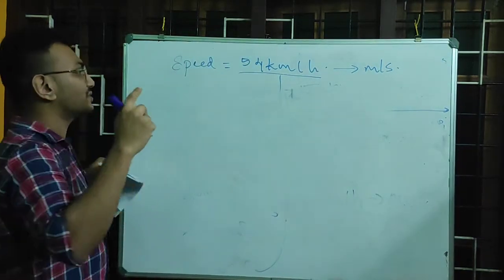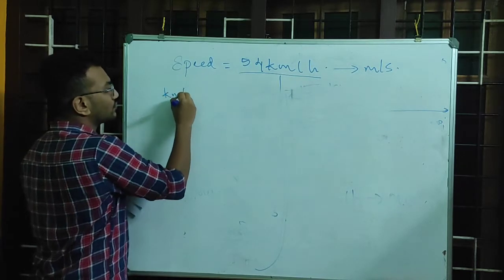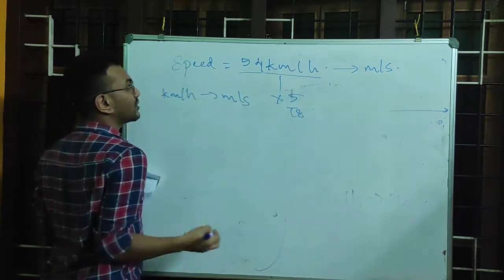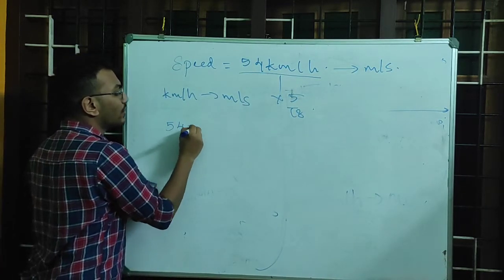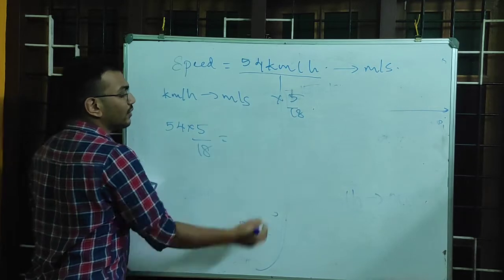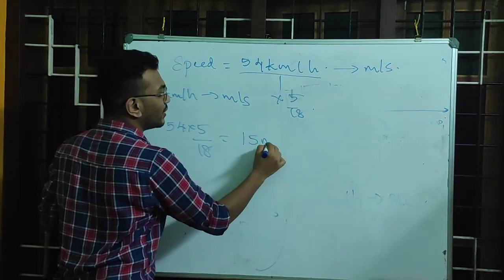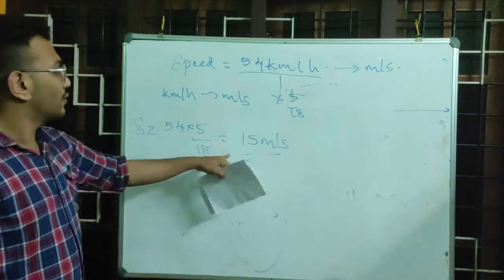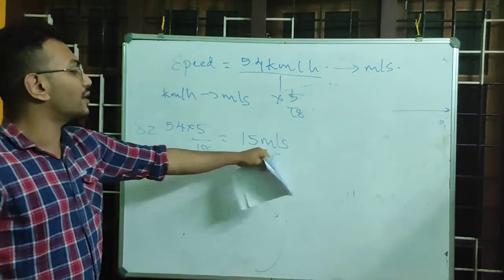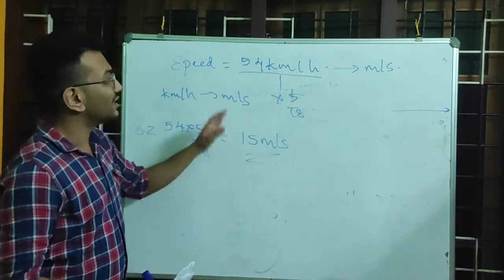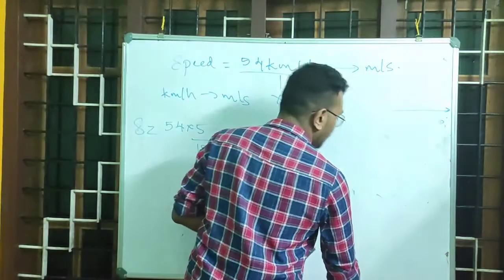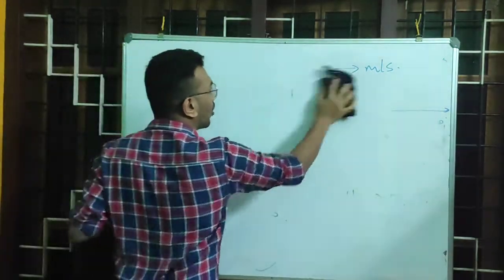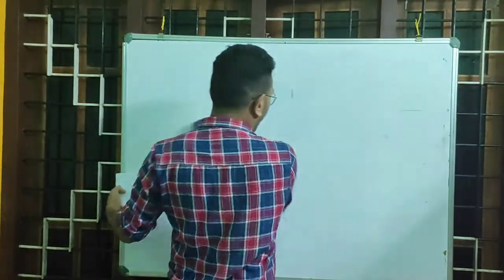So 54 into 5 by 18 would give you 15 meter per second. Speed, okay. 54 into 5 by 18 is equal to 15 meter per second. Easy conversion, right? Now let's discuss the conversion of meter per second to kilometer per hour in the same way.